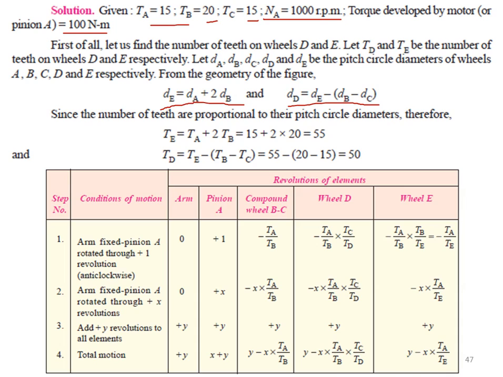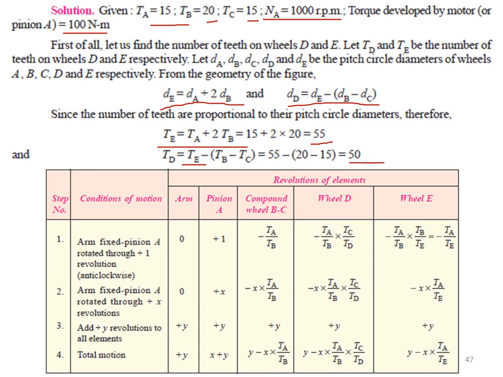So from there you will get TE equal to TA plus 2 times TB. So 15 plus 2 into 20, you get 55, and TD you get as TE minus TB minus TC, and substituting that you get 50.